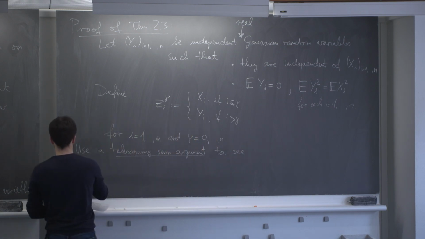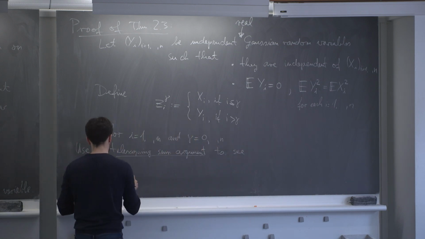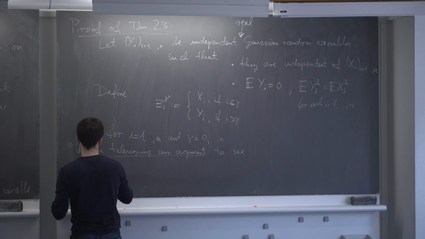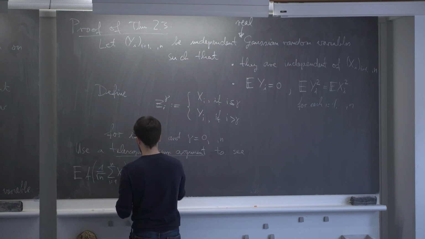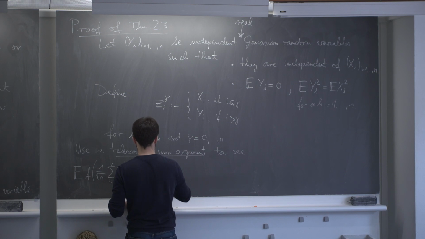What I want to compare is f evaluated at this rescaled sum of the x's, and I want to compare it with the same thing where I have the y's.